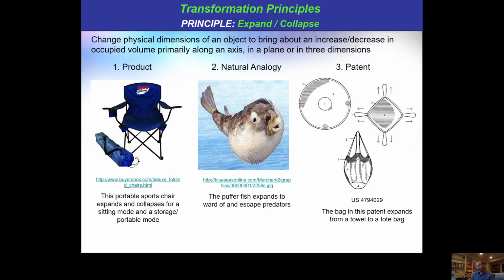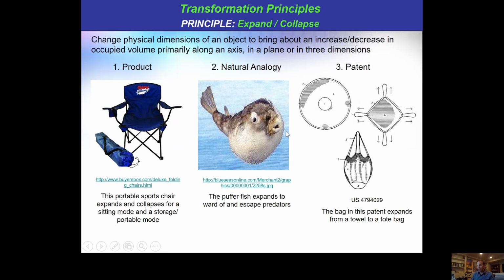The first one is expand and collapse, and you have used products like this your whole life. The folding camp chair is a great example of something that expands or collapses. Why do we want it to expand or collapse? Well, it allows for easier storage, easier transportation. Very helpful. This is a really interesting analogy from biology.